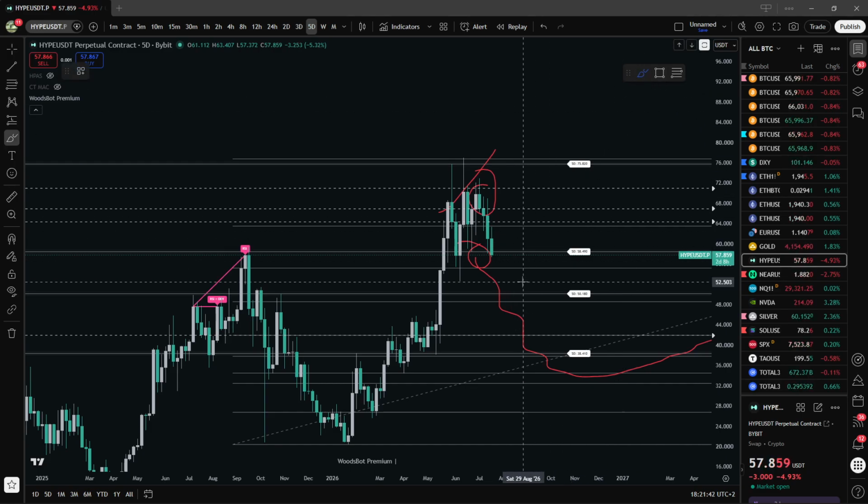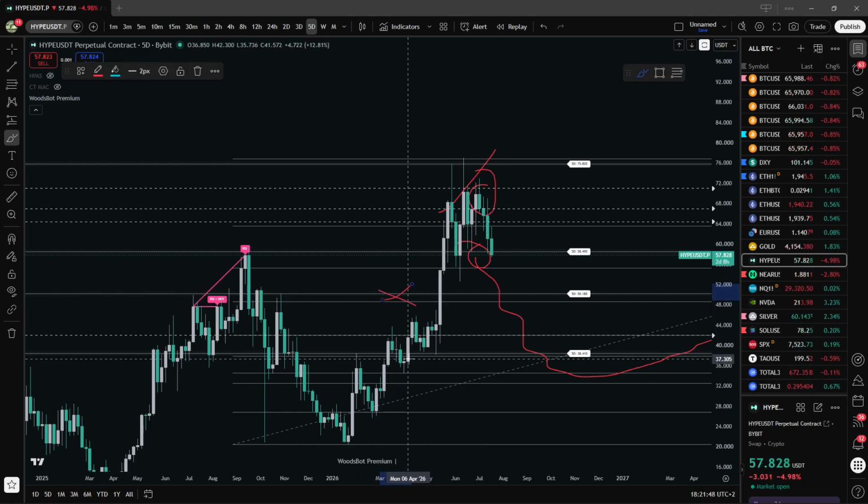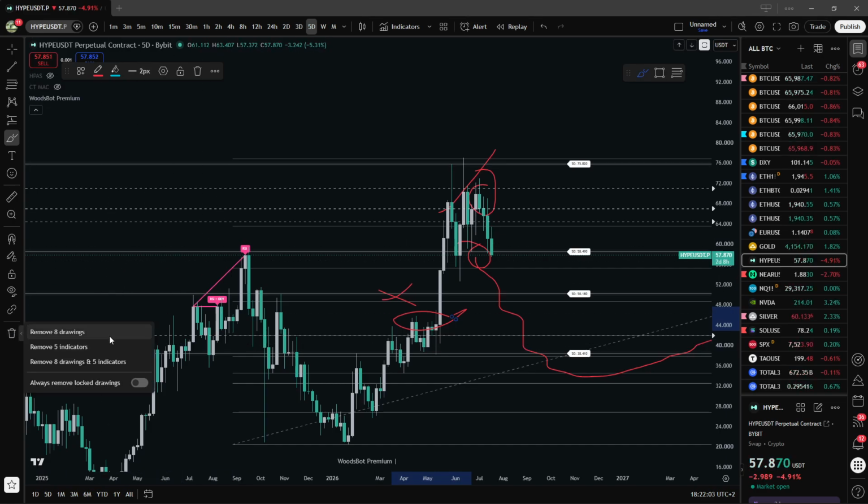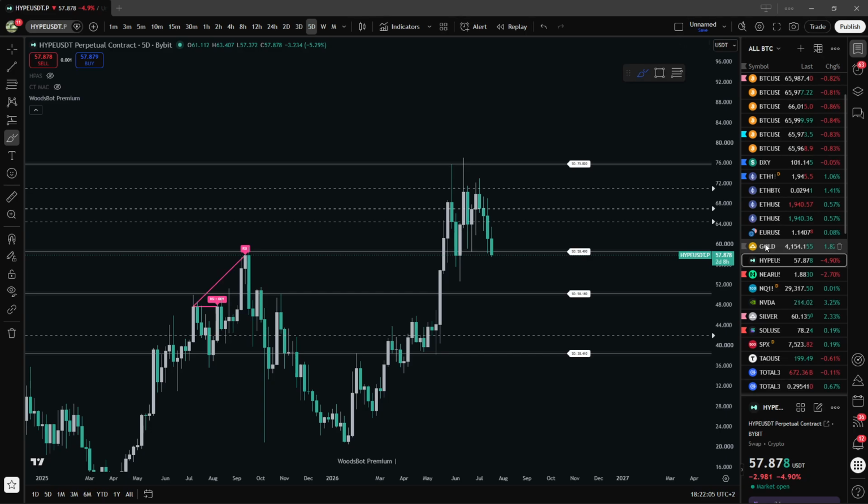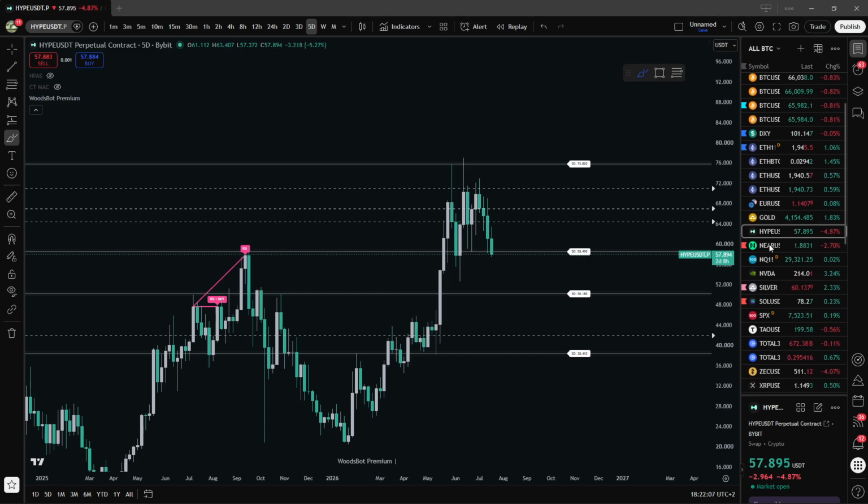And if that happens, I think the next area of interest would be 50, and then this order block down here around 44 to 42. I think this is where I will be looking for Hype to have a nice bounce. That's definitely one of the weaker coins.